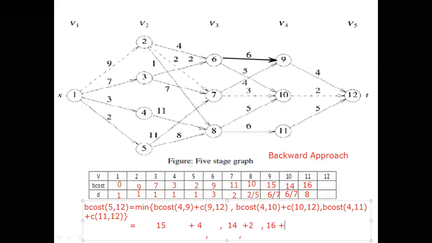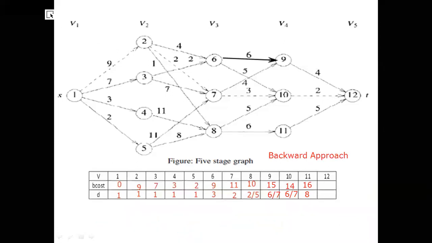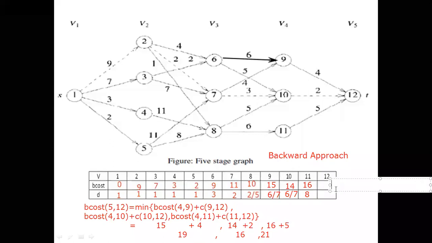Now we have to add. 15 plus 4 is 19. 14 plus 2 is 16. 16 plus 5 is 21. What is the smallest one? 16. Where should we update? 12. I will update this value as 16.